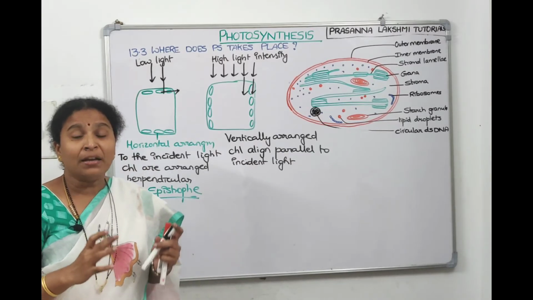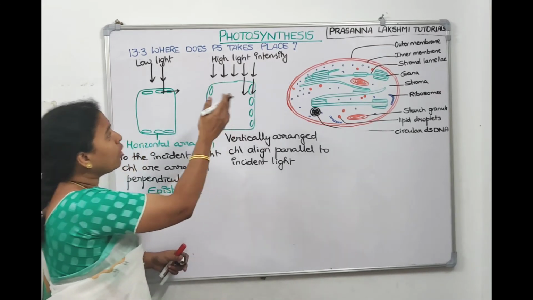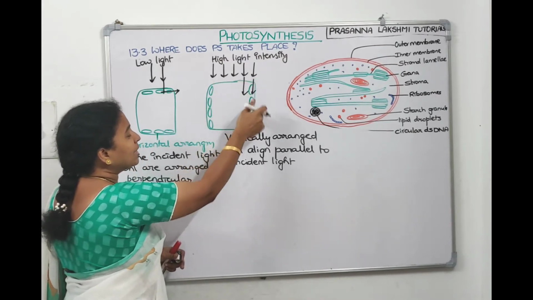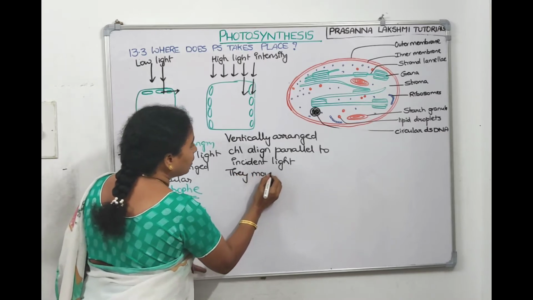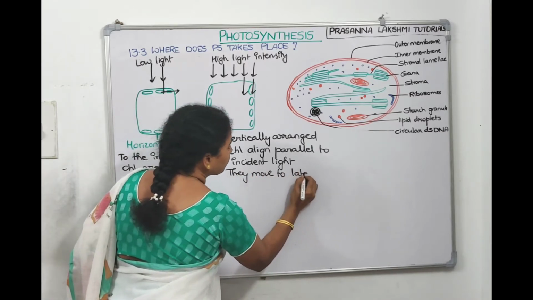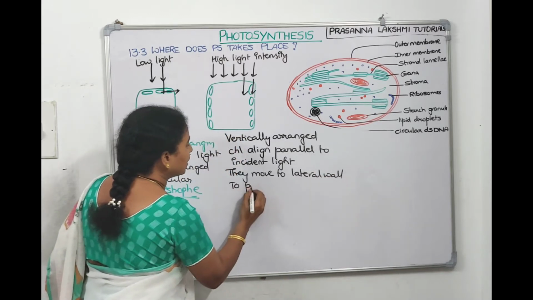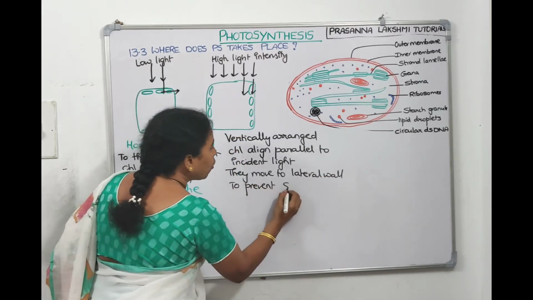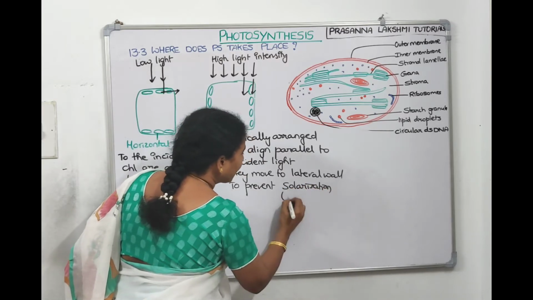Why? To prevent solarization or photooxidation. Why are they moving off from the wall? Why are they arranged on the lateral walls? They are moving off to the lateral walls to prevent solarization. What do you mean by solarization?